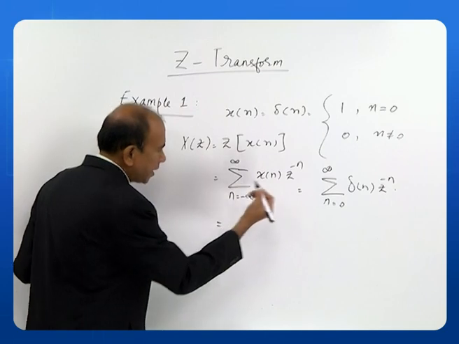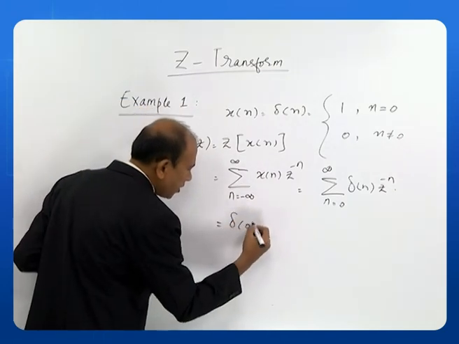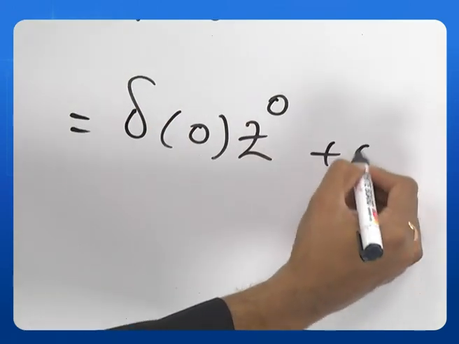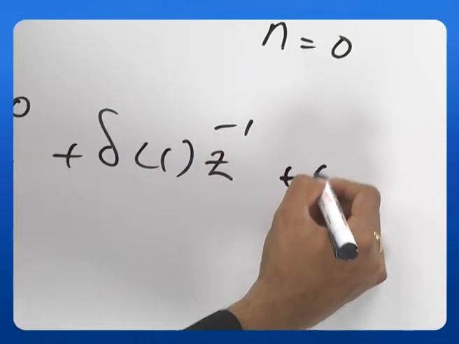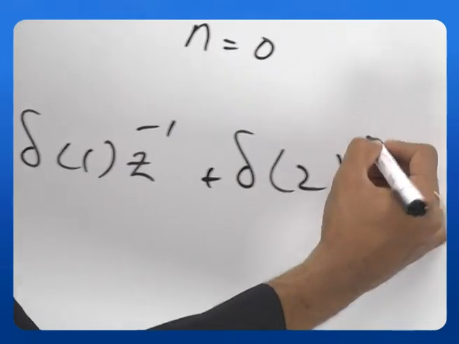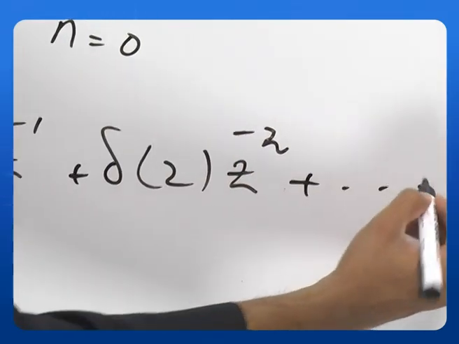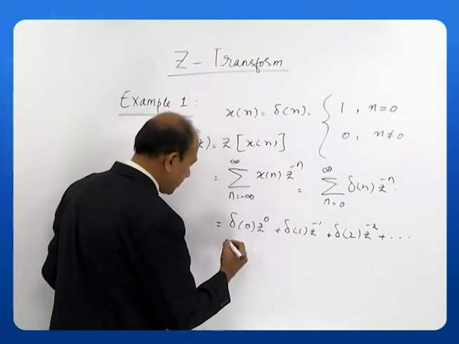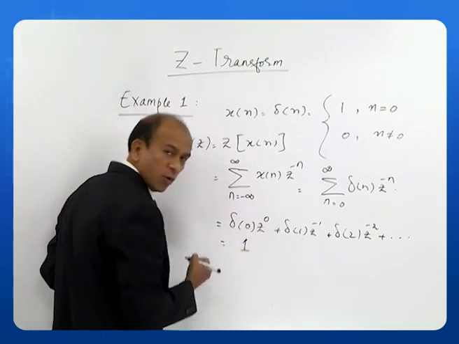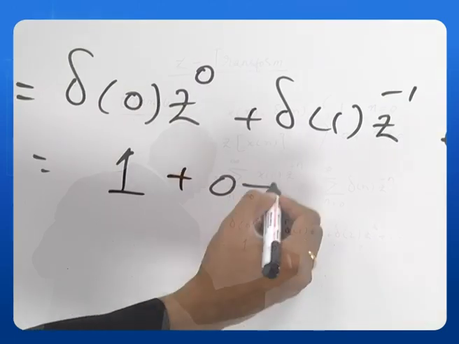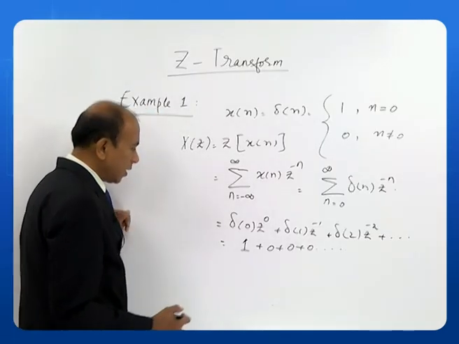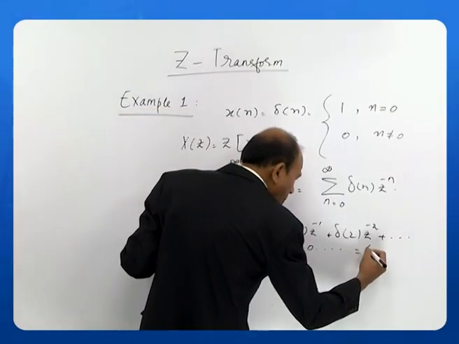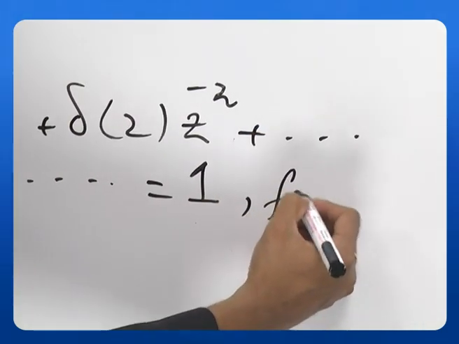That means you can write this as delta of 0 z to the power of 0 plus delta of 1 z to the power of minus 1 plus delta of 2 z to the power of minus 2, and so on. Only one value is equal to 1, whereas all other places it is equal to 0. So, this is equal to 1 for all z.